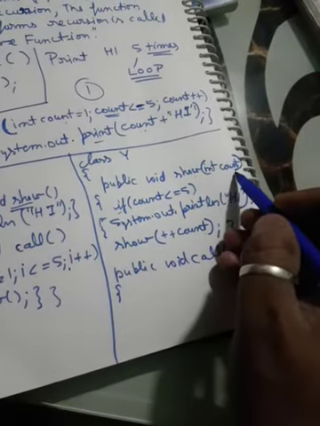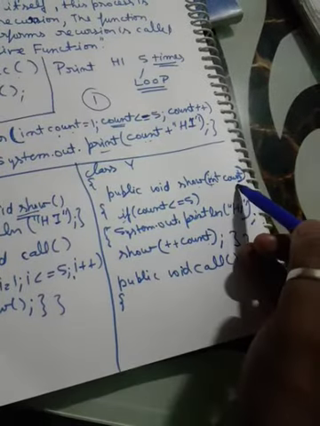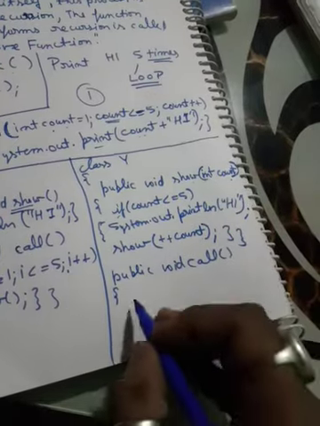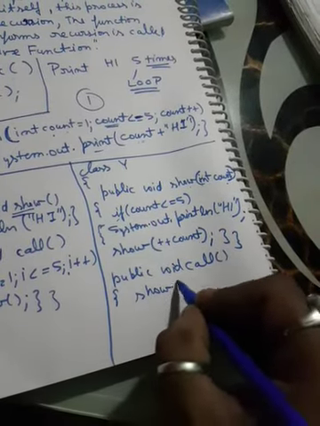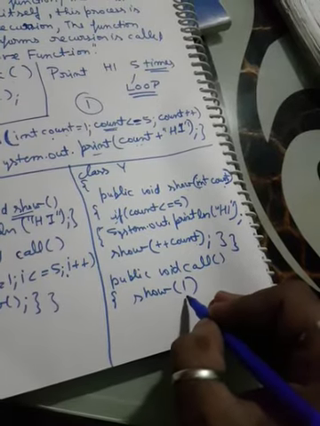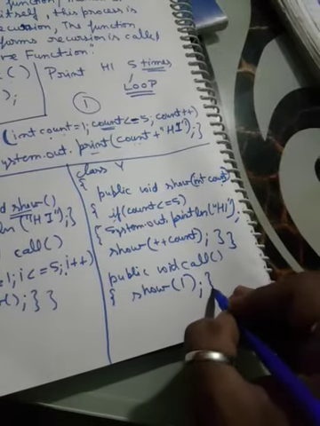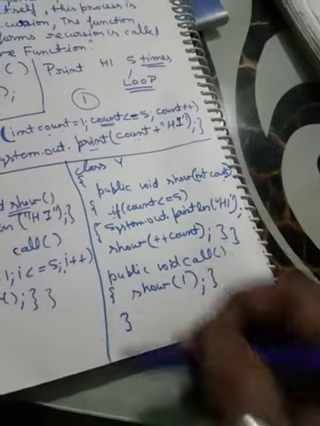Actually int count is here, very much here, just like this, but it doesn't have any value. So how will we pass the value? When I call this function show from this function call, I provide initial value 1 from here, semicolon. After that I close call, and finally I close the class definition.